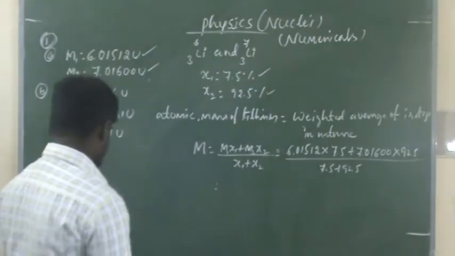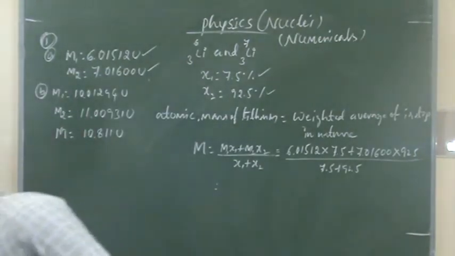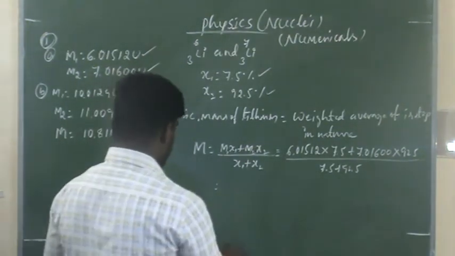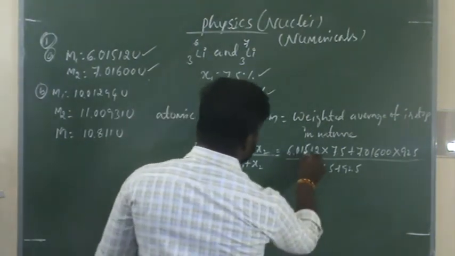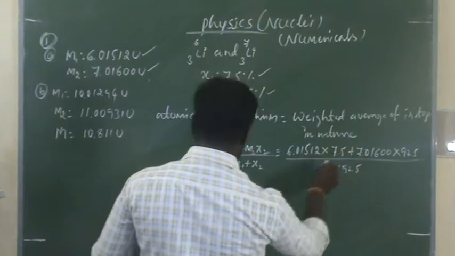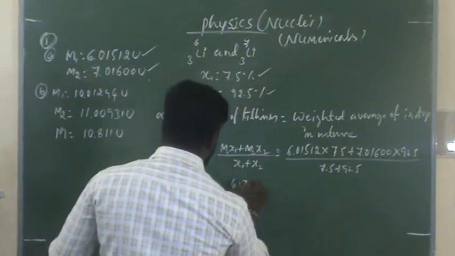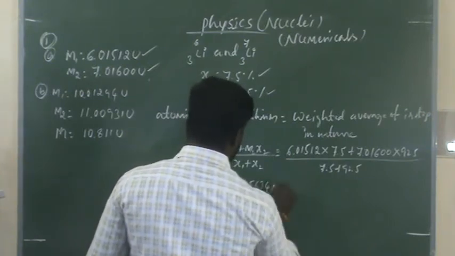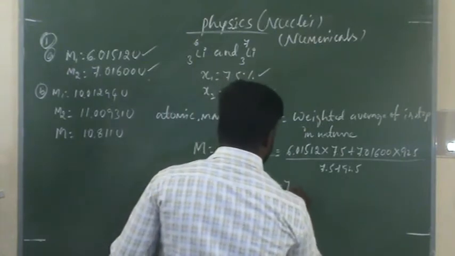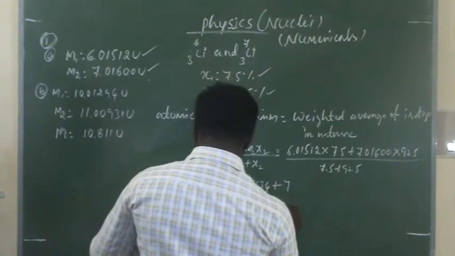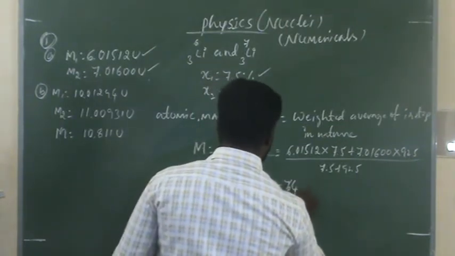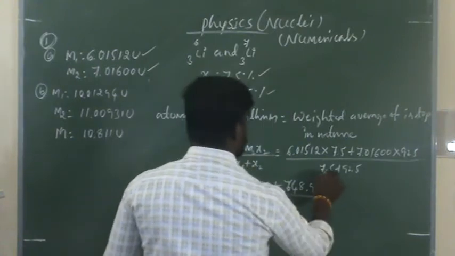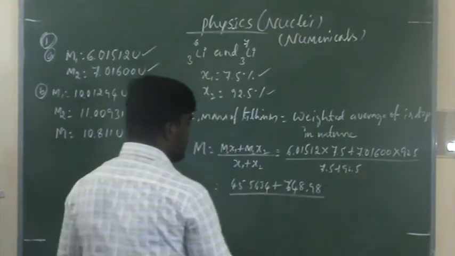Simplify that. 6.015 into 7.5 is 45.5634, plus 648.98, divided by 7.5 plus 92.5, that is 100.